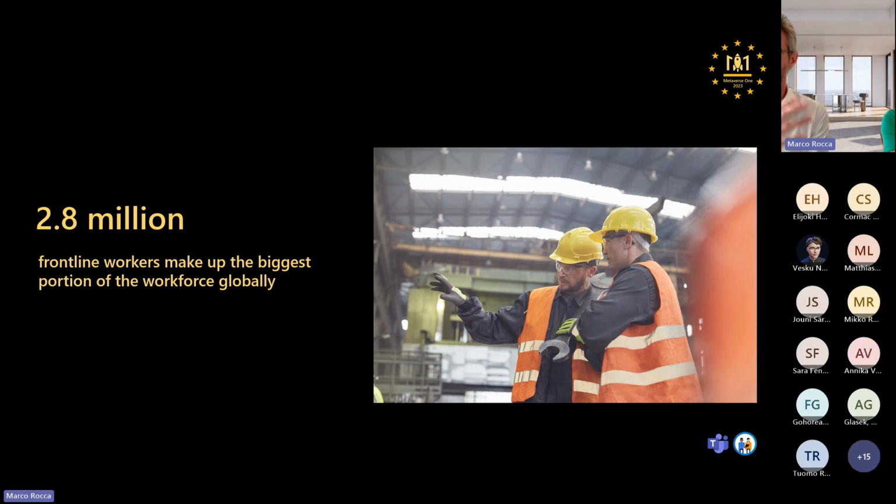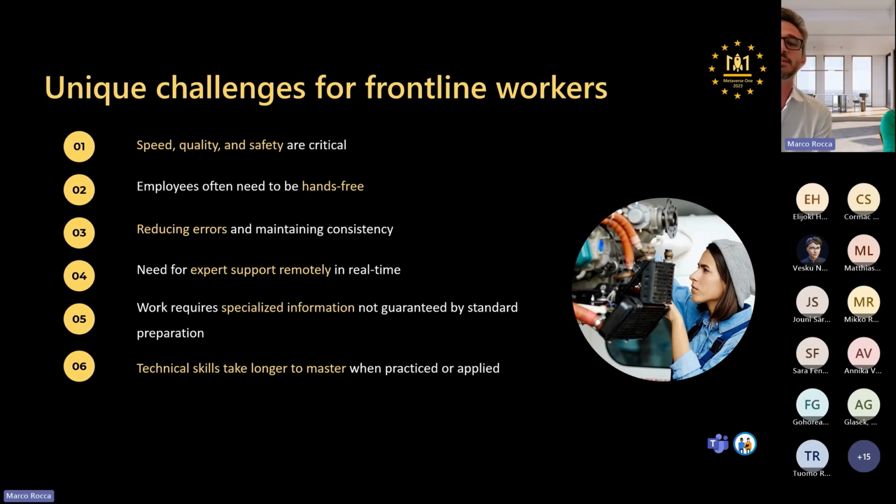There are today, it's estimated, around 3 million frontline workers in the world that need to face and overcome unique challenges daily. So for sure, they need to be able to work faster, to maintain a high quality in their tasks, and of course, do them safely.